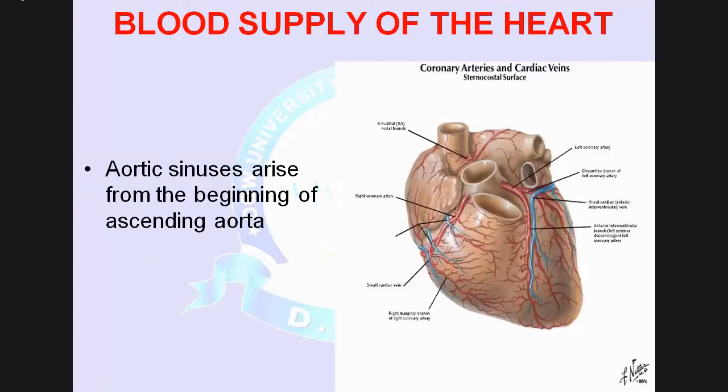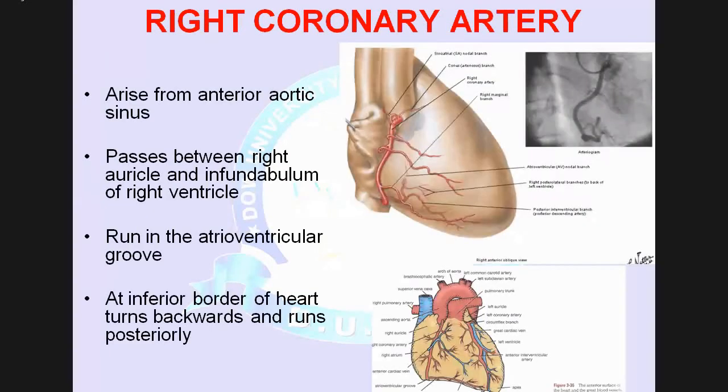Sorry about that. So the aortic sinuses are present at the beginning of the ascending aorta. The right coronary runs into the AV groove, or the atrioventricular groove, at the inferior part of the heart.